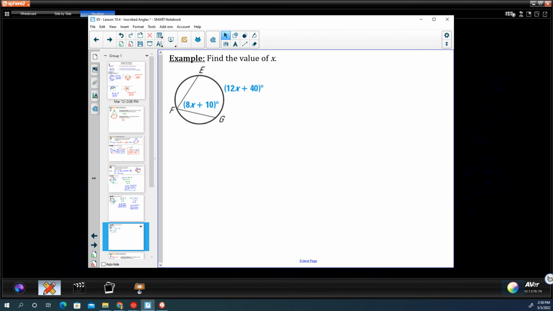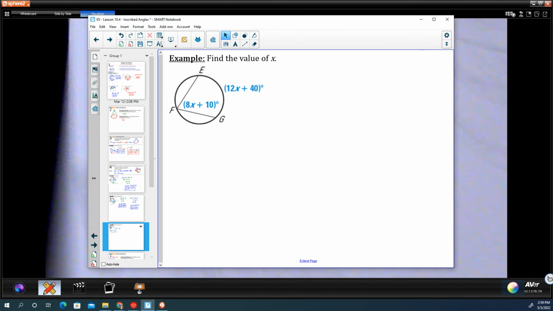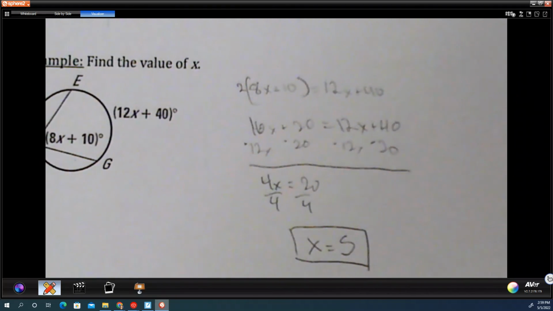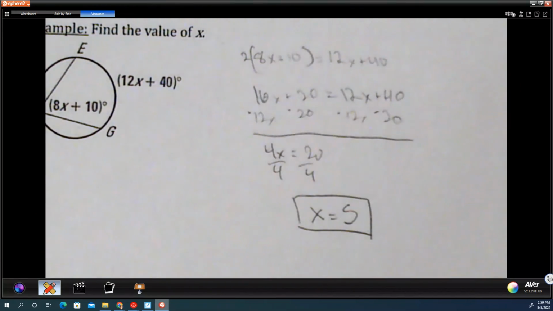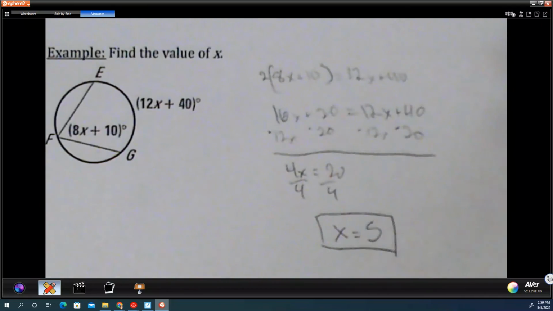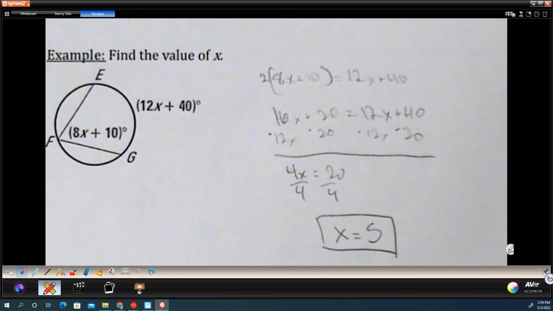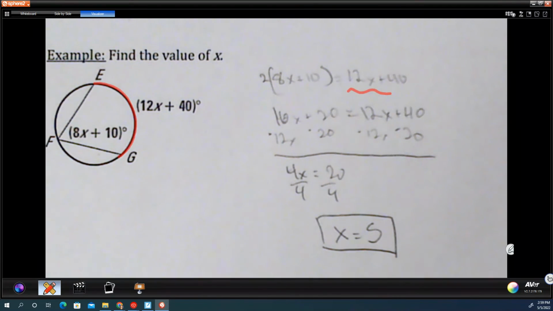Okay. So first, let's look at Brianna's. Okay, so one way we could have done this was, we know this arc length has to be double this inscribed angle.